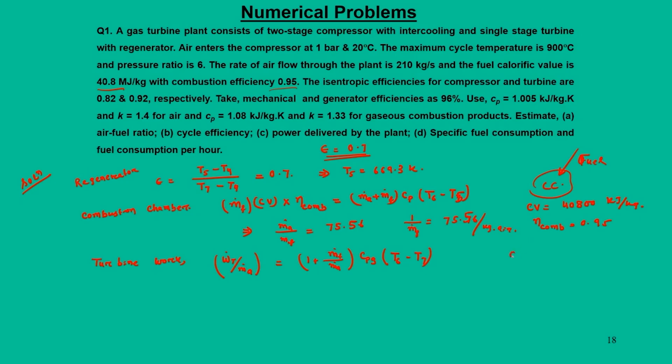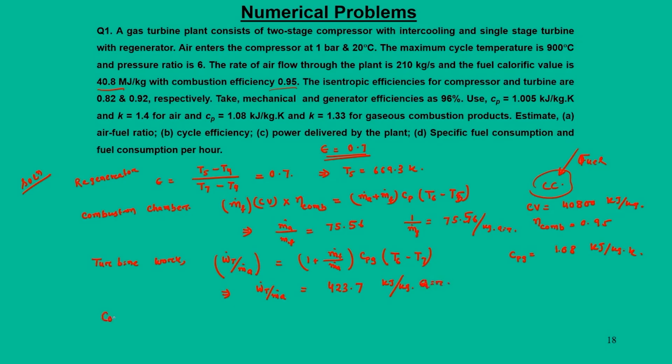Here Cpg, for gaseous products, we write as 1.08 kilojoule per kg Kelvin. So, putting this number, we arrive at W dot T by m dot A equal to 423.7 kilojoule per kg air.